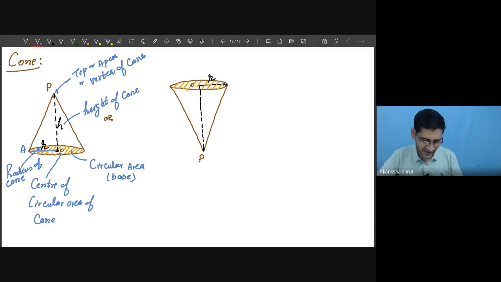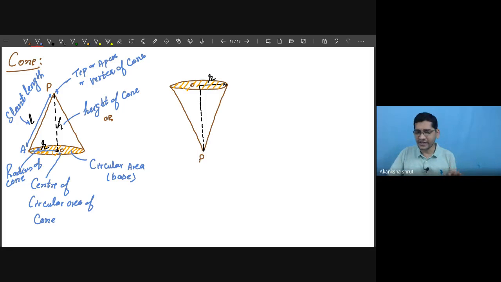It is not visible. On the surface, we can have a length in this direction, denoted by L. This length from a point on the circular boundary of the base to the vertex of the cone is called the slant length.